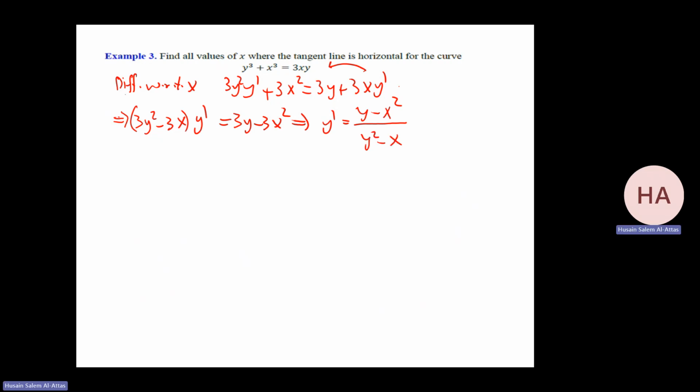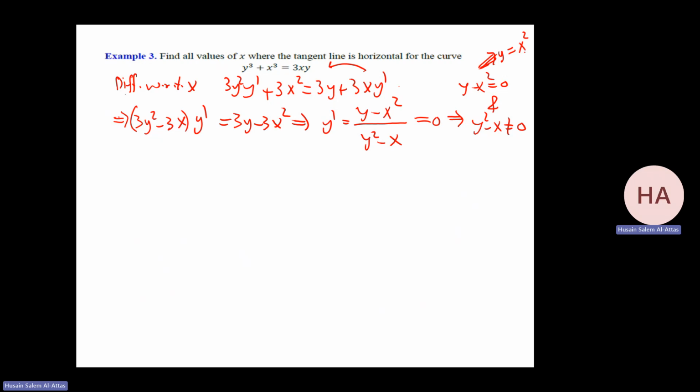I want that to be equal to 0. Be careful. That means I have y minus x squared equal to 0, and y squared minus x not equal to 0. I need these two to be satisfied. That means here y equals x squared. But I did not get the values of x.